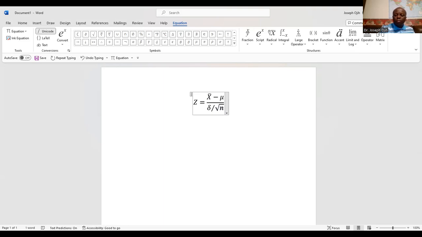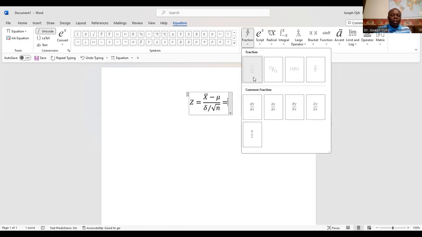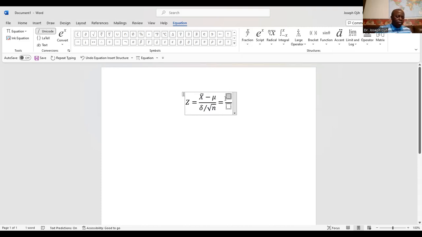X bar, which is the sample mean, is 43,260, and the population mean is 42,000.